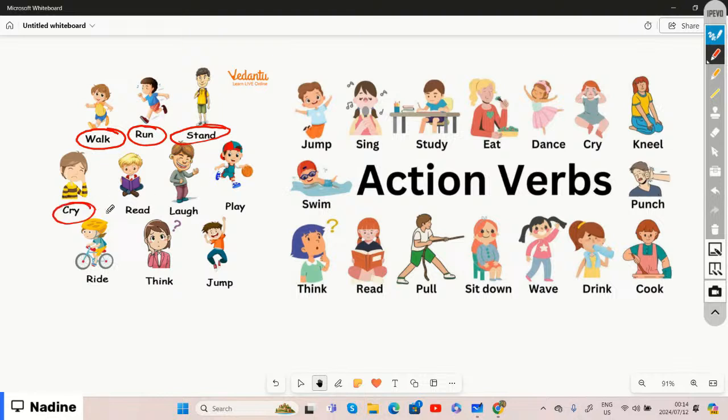Cry is something that you're doing. Read is an action verb. Laugh is an action verb. Play is an action verb because it's telling us what you're doing.